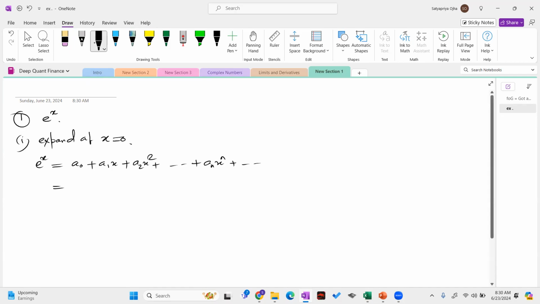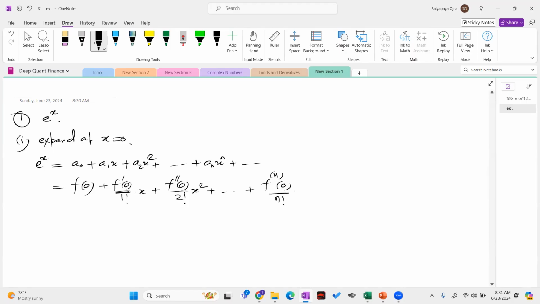And using Maclaurin series, a special case of Taylor series, a0 is f of 0. a1 is f dash 0 by 1 factorial times x. a2 is f double dash 0 by 2 factorial x squared. Nth term is f nth derivative at 0 divided by n factorial x to the power n.